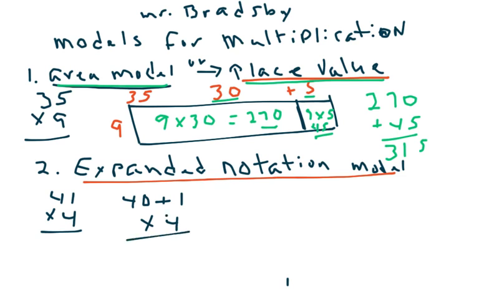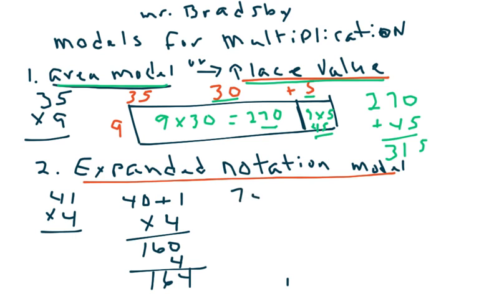So we expand that out, and then we do the multiplication. 4 times 40: 4 times 4 is 16, and again times 10, because it's 40. And 4 times 1 is 4. The answer, 164. So that's the one we've been using a lot, the expanded notation model.